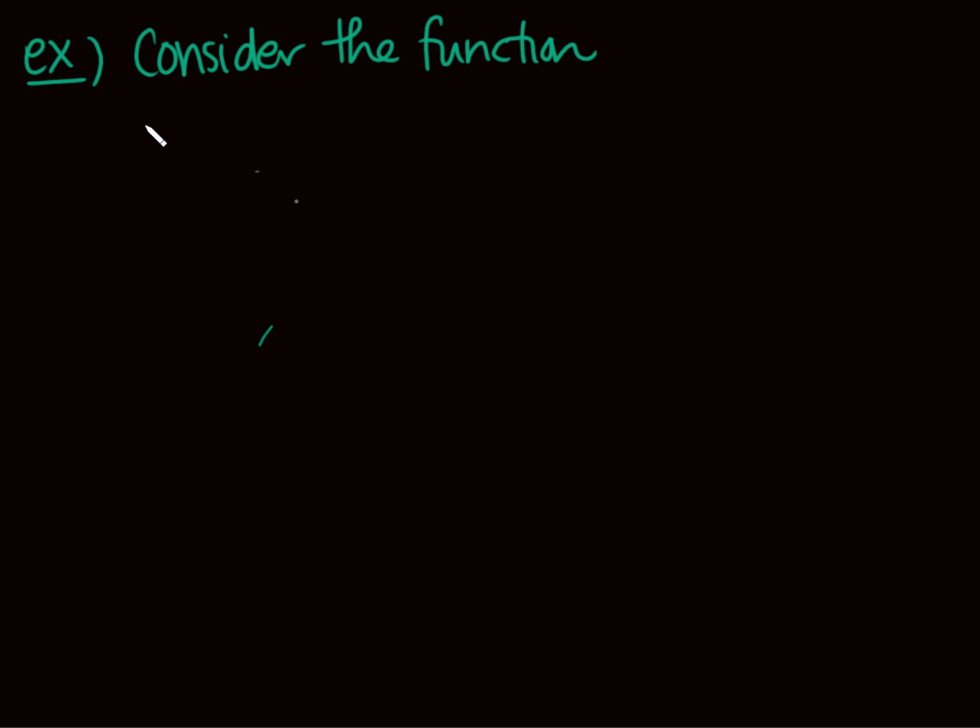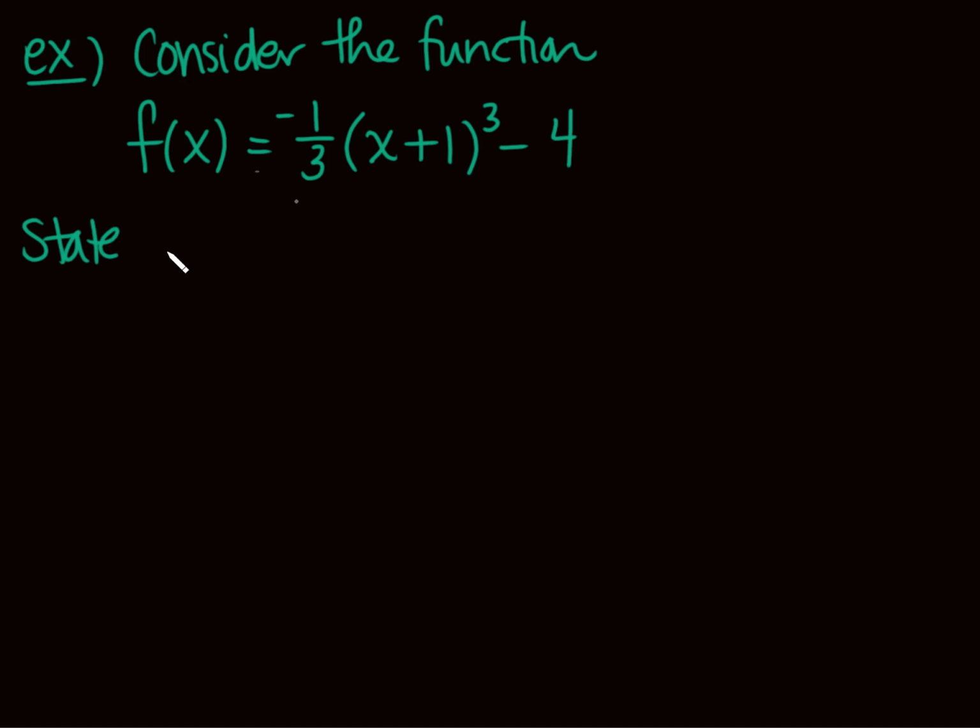So even if I'm not asking you to graph it, what if I say, consider the function f of x equals negative 1/3 times (x plus 1) cubed minus 4. I want you to state the parent function and all translations.